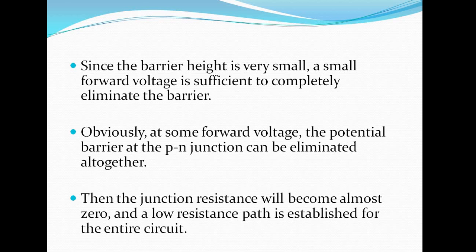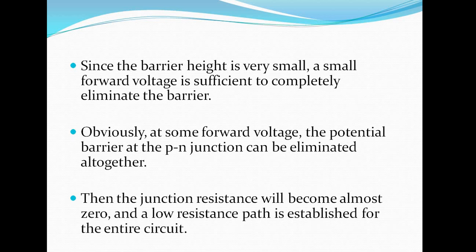Since the barrier height is very small, a small forward voltage is sufficient to completely eliminate the barrier. Obviously, at some forward voltage, the potential barrier at the p-n junction can be eliminated altogether.